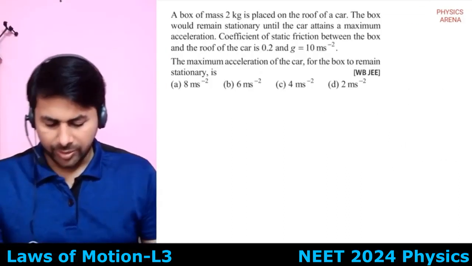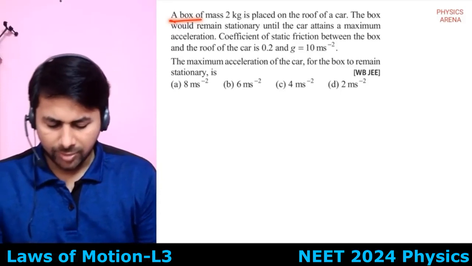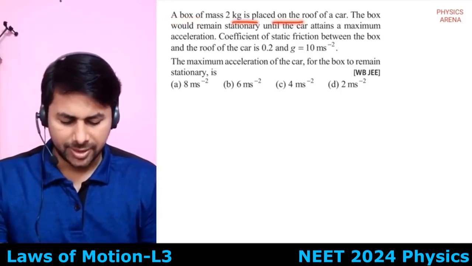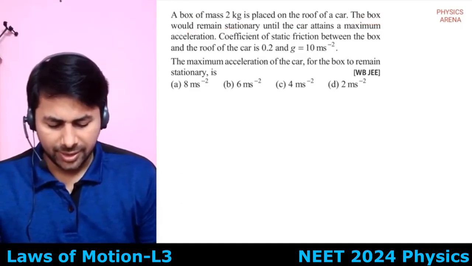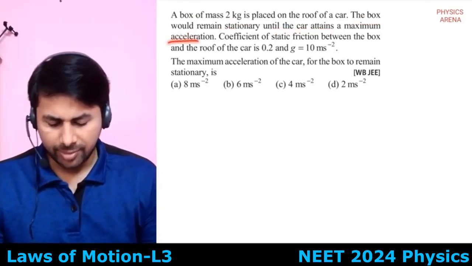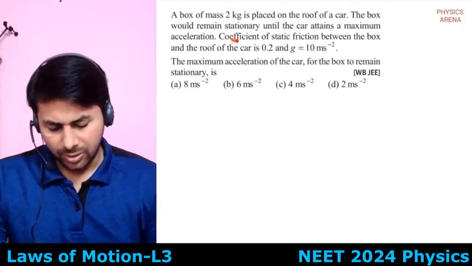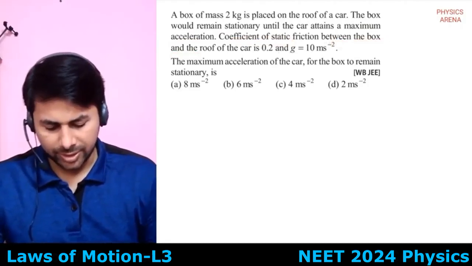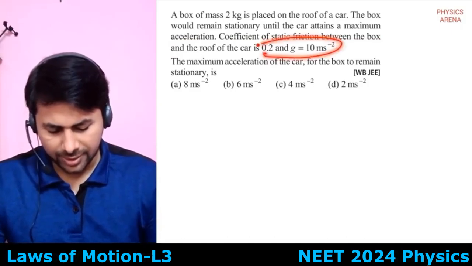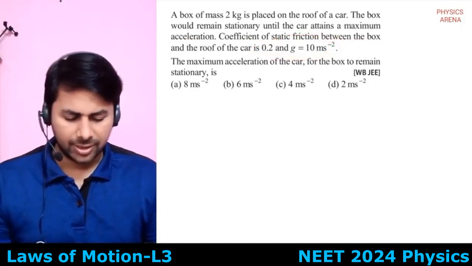Okay, let's see the next problem. A box of mass 2 kg is placed on the roof of a car. The box would remain stationary until the car attains a maximum acceleration. The coefficient of static friction between the box and the roof of the car is 0.2 and g equals 10 meters per second square.